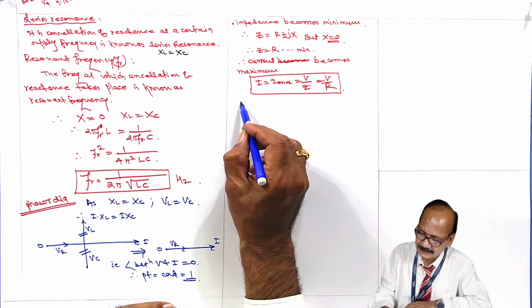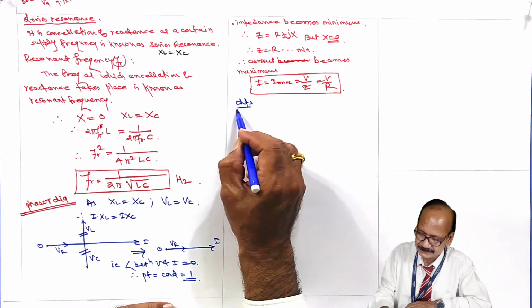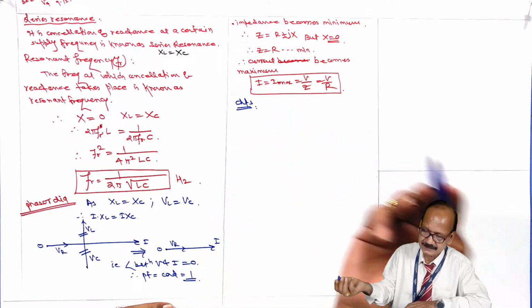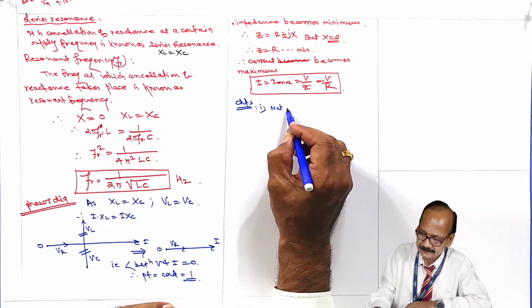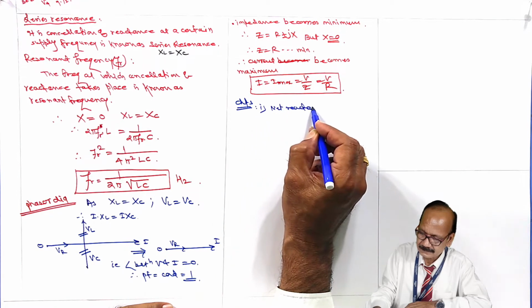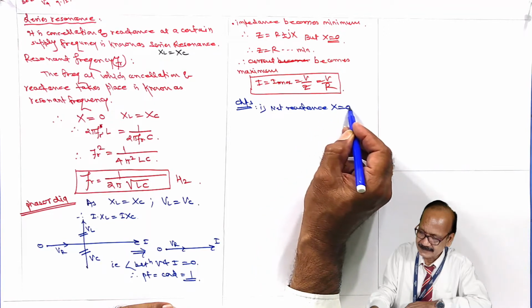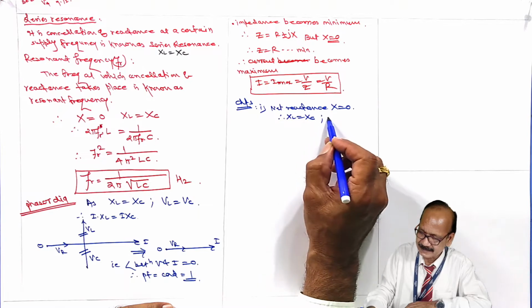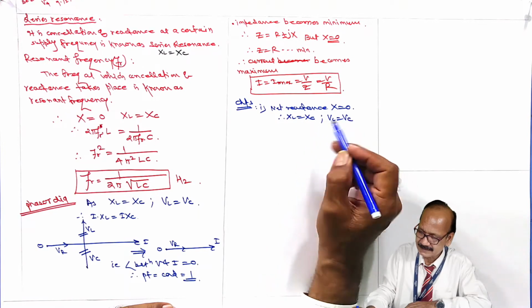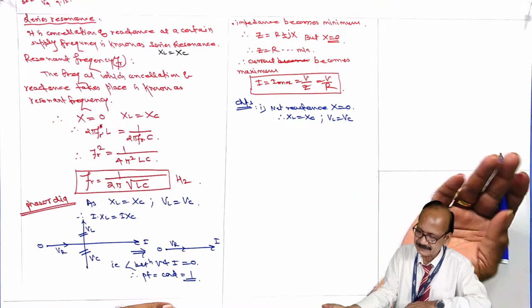Some features or the characteristics. Here the net reactance is 0. X equal to 0, therefore XL equal to XC, and therefore VL equal to VC, but opposite in direction.